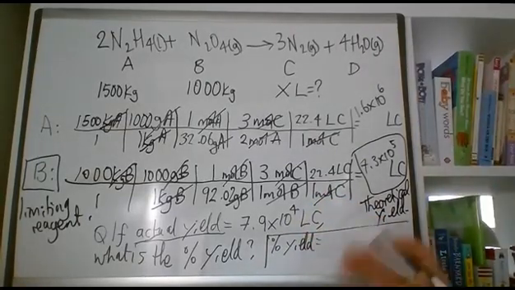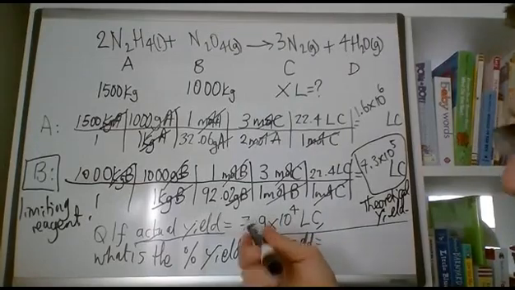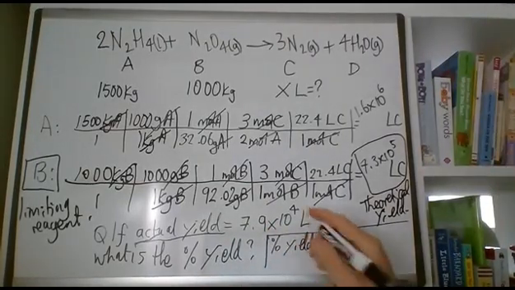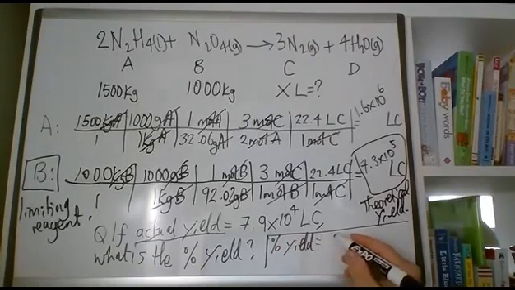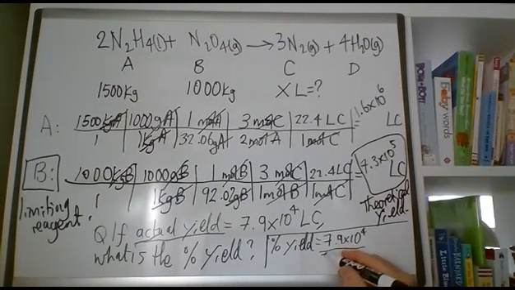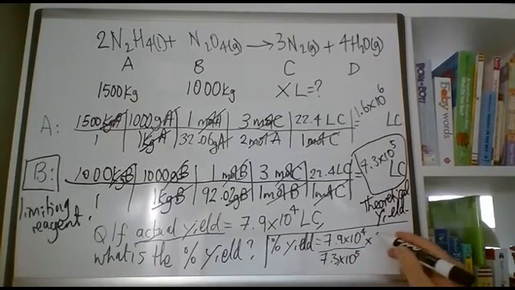So I did something wrong. The actual yield is typically given to you, and it's always smaller than the theoretical yield. So the percent yield is the actual yield, so 7.9 by 10 to the 4th, over the theoretical yield as a percentage.